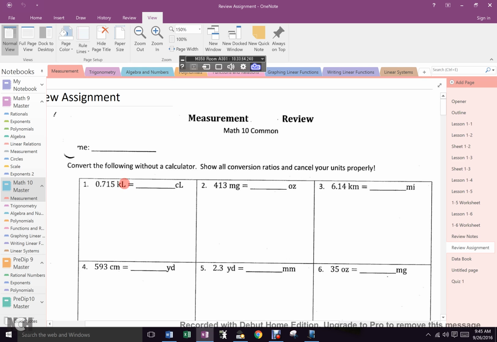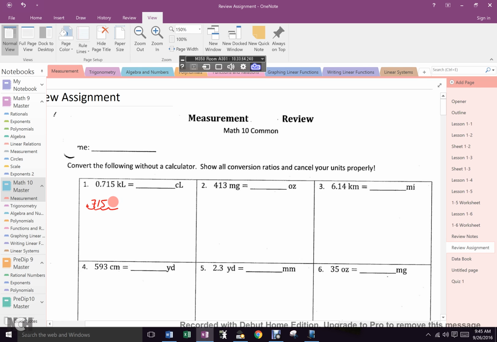You could do this with kilometers and centimeters, which means the decimal has to move one for every step, right? So I started out at 0.715, hecto, deca, meters, decimeters.